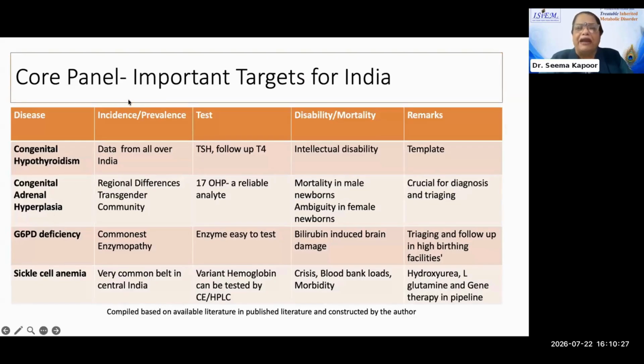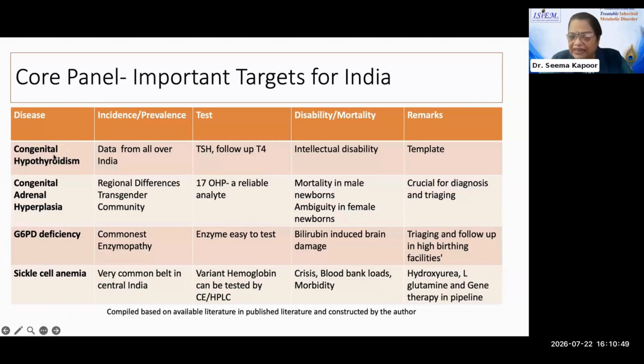So the core panel actually means the tests that should be conducted universally in each and every newborn. The first message: core means test for every newborn. No choice whatsoever.